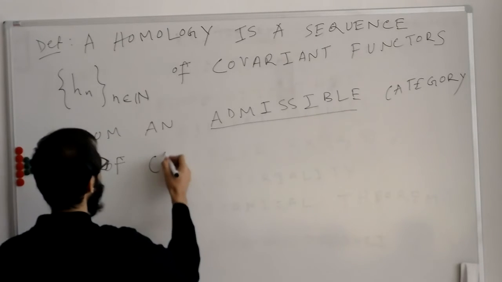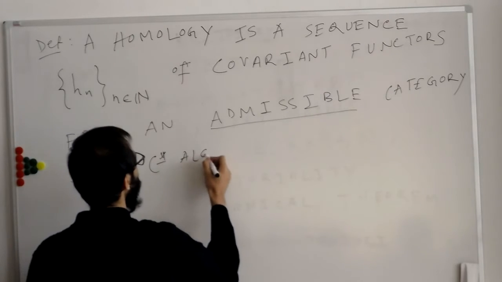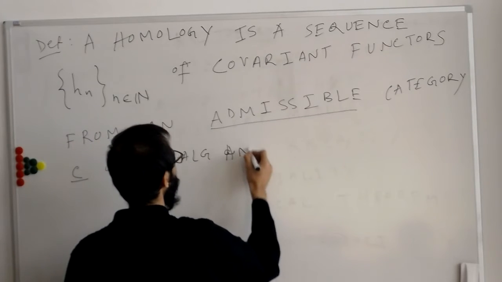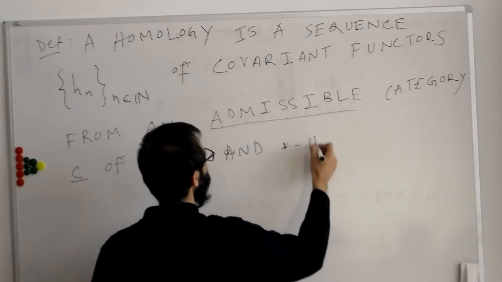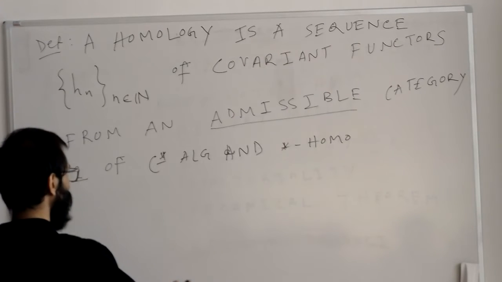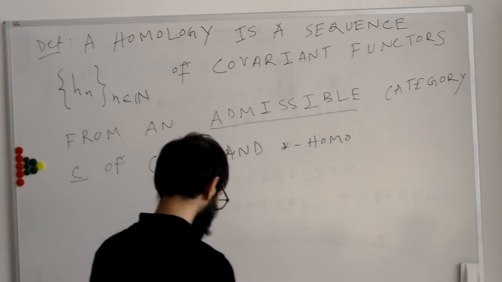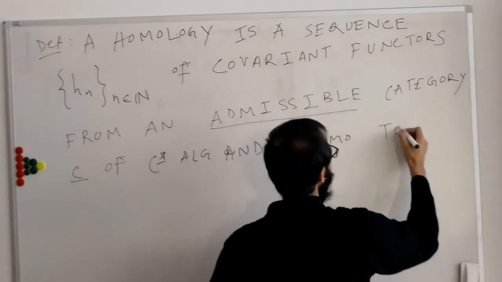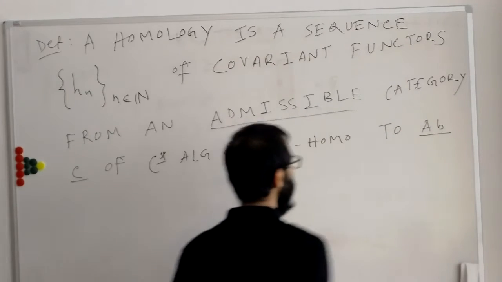This is the category of C star algebras and star homomorphisms. It's a full subcategory of the category of C star algebras and star homomorphisms, to the category of abelian groups.